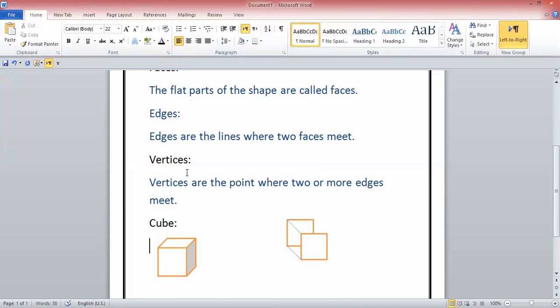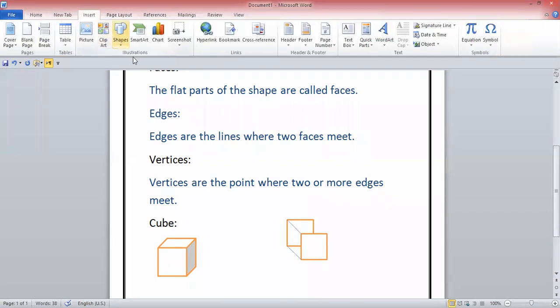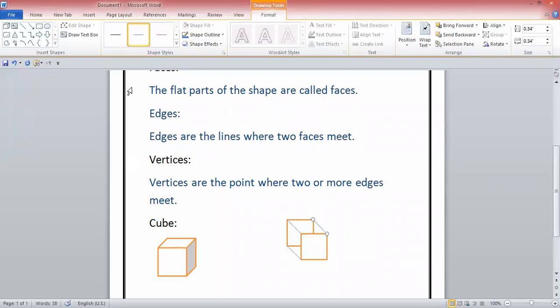This point to this one. One line from here to there.